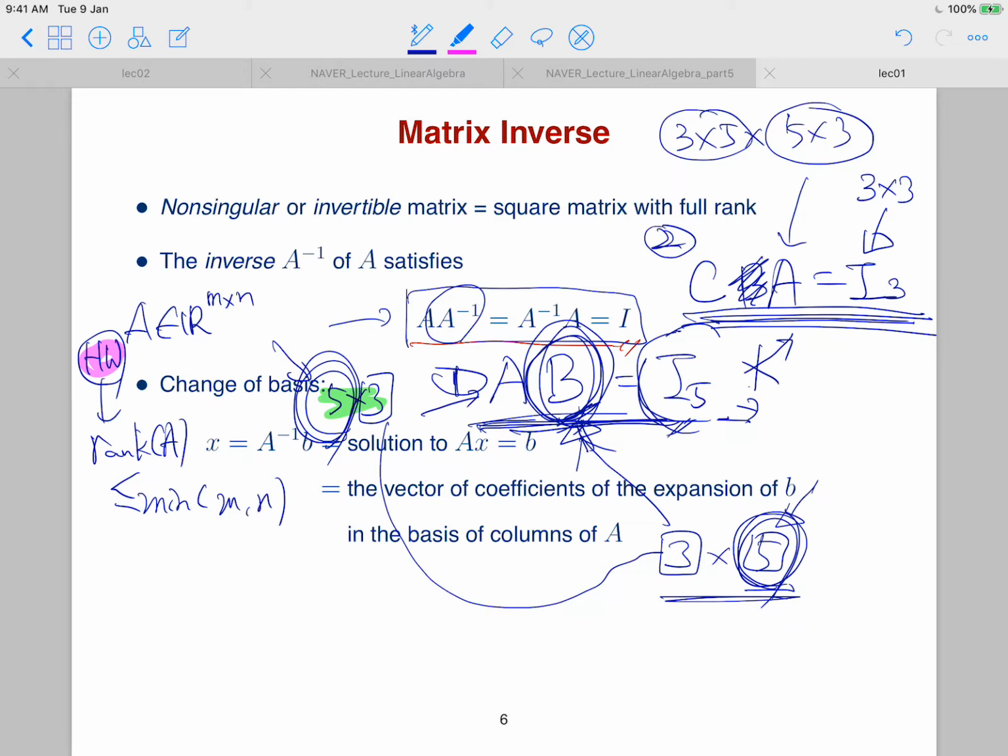So you guys know the definition of the rank, right? I think we discussed it briefly last time. What is the definition of the rank?